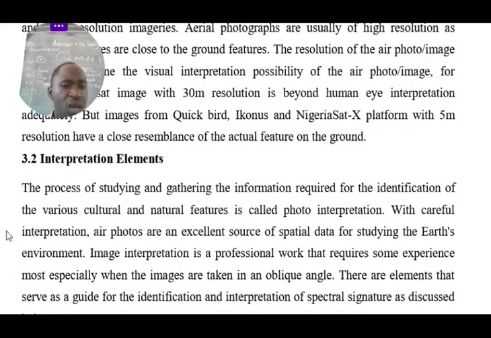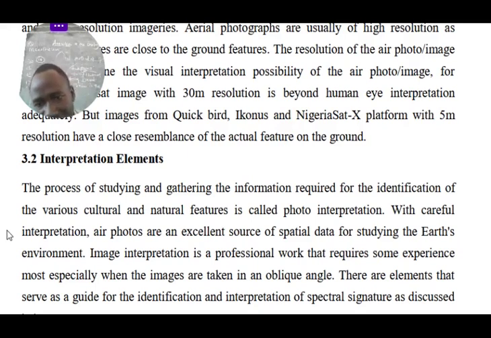They're saying that the process of studying and gathering the information required for identification of the various cultural and natural features is called photo interpretation. That's why they are termed as photo elements. So when they attach symbols or conventional symbols, they now become known as maps.